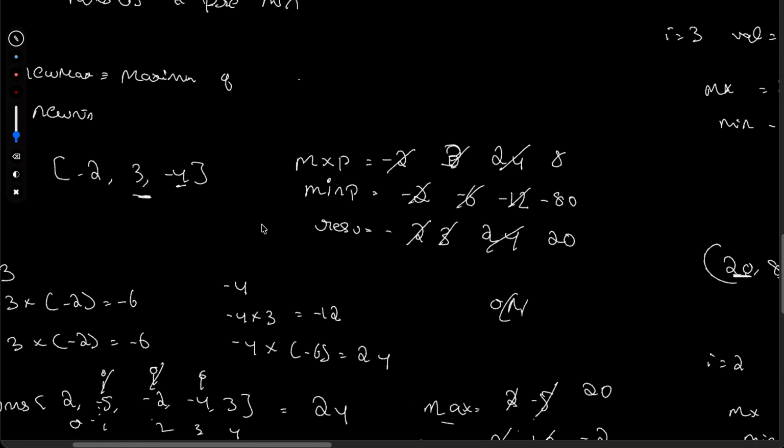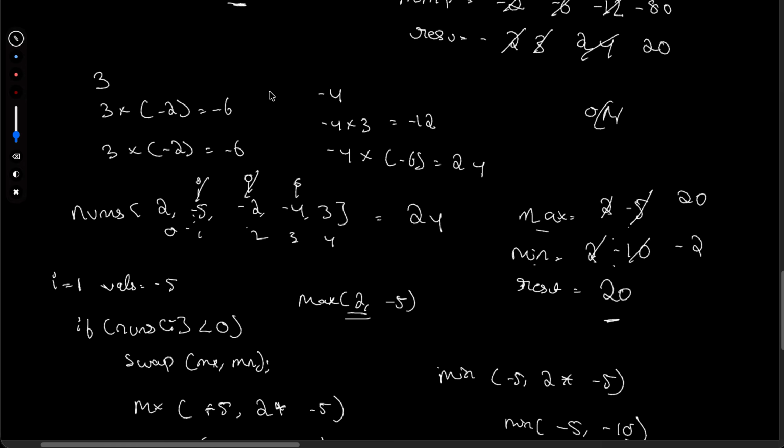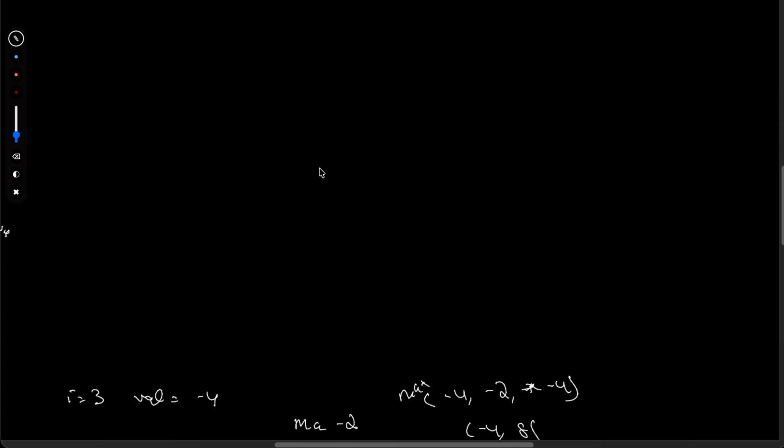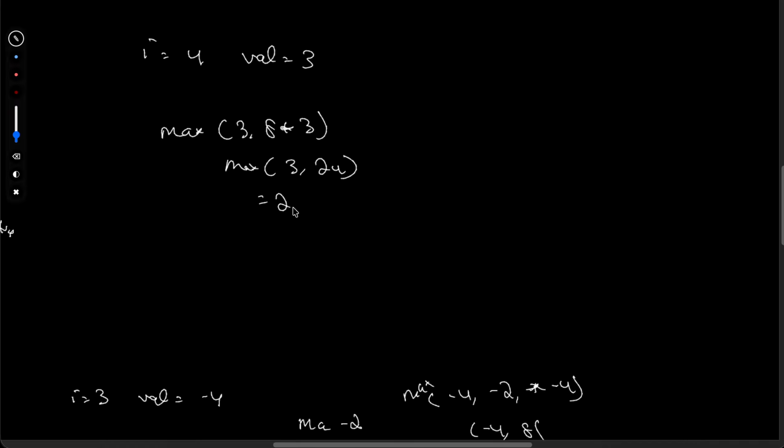Okay, now i comes here at 4. See, i is equal to 4 and the value is 3, so positive, so no swap. Okay, so let's update the max. 3 and 3 times 8, max of 3 and 24, so the answer is 24.